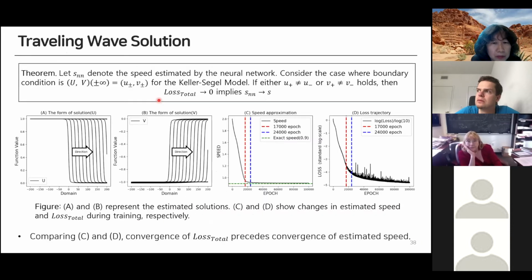okay, so I'm going to give you the theorem. This theorem states that if the total loss we construct in the paper is reduced, then the estimated speed will converge to the correct wave speed value. This is proved in the paper anyway. So this is another inverse problem setting.